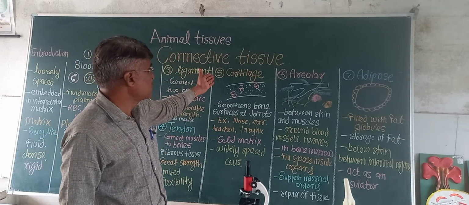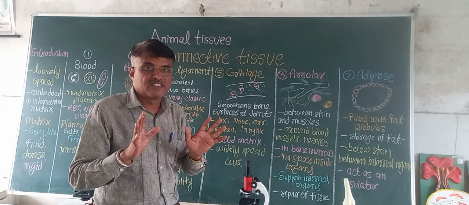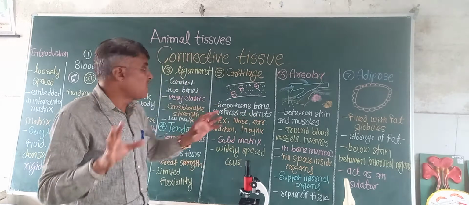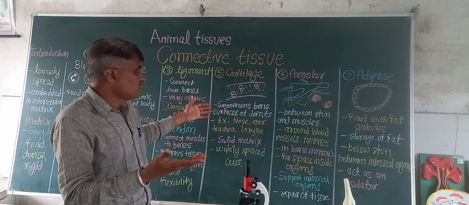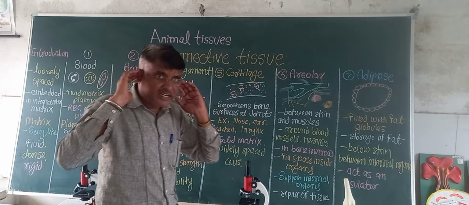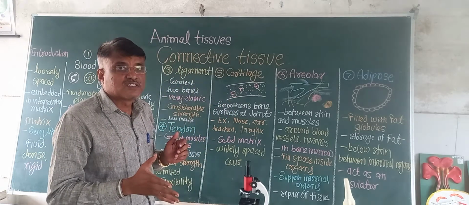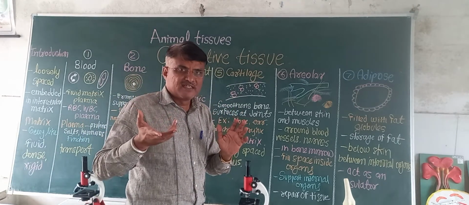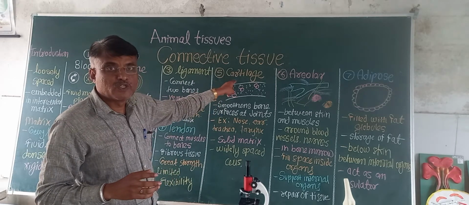Now the fifth connective tissue, cartilage. The meaning of cartilage is soft bone. What is the function of this cartilage? Where is this cartilage present in our body? Our ear, nose, trachea, larynx, all these are movable, elastic bones, no? They have which connective tissue?